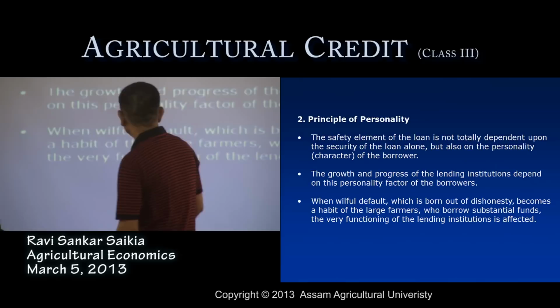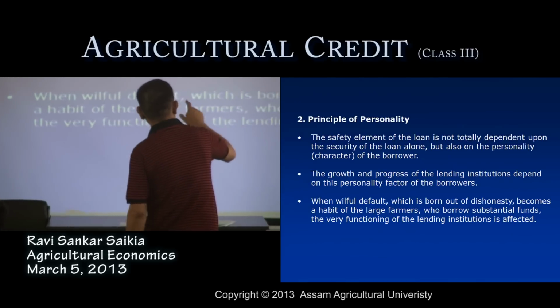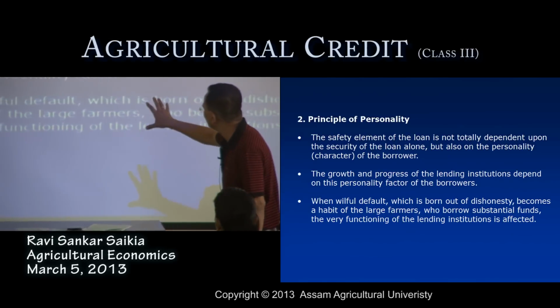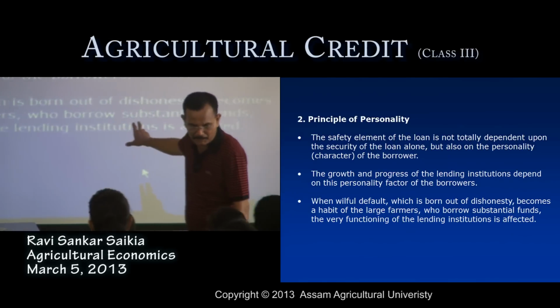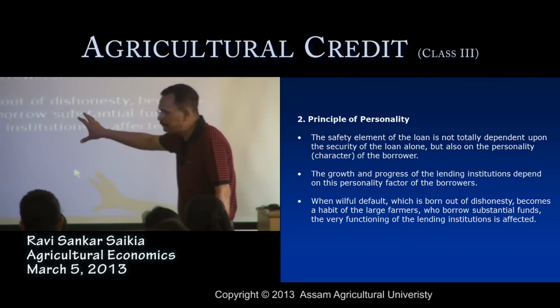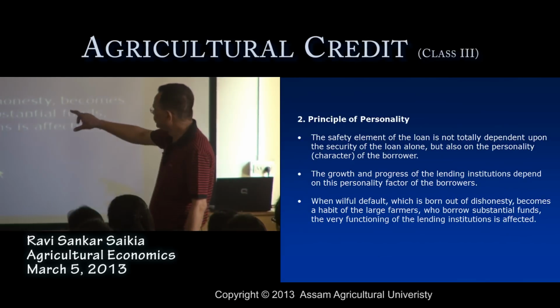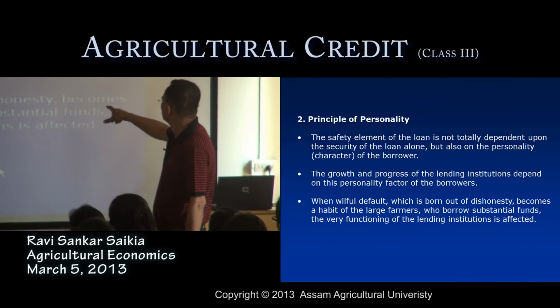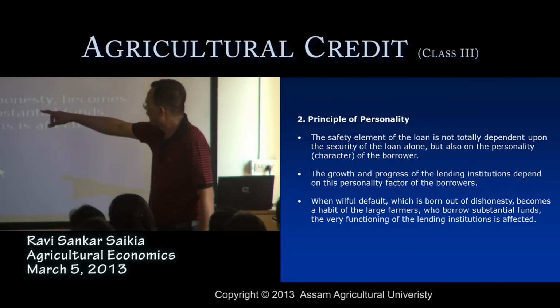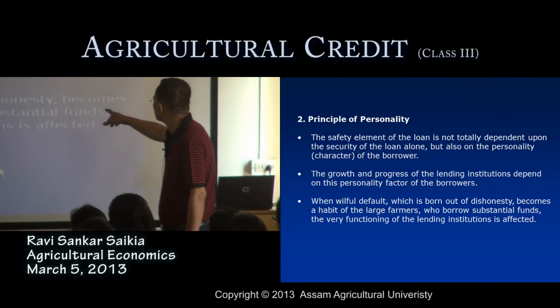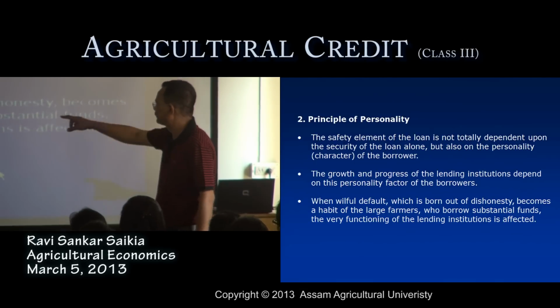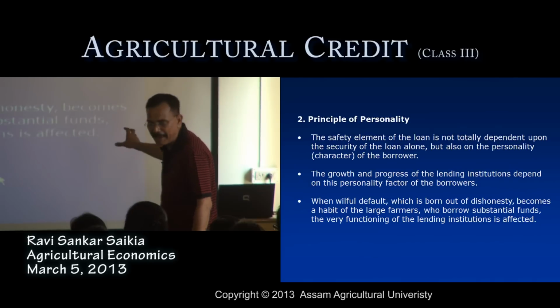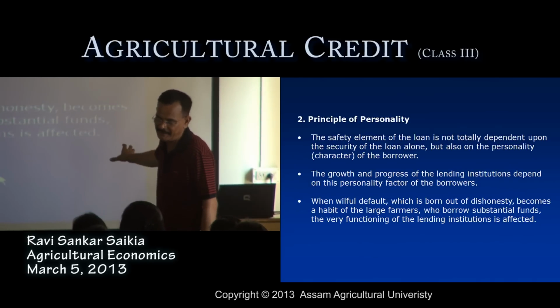Okay, so the growth and progress of the lending institutions depend entirely on the personality factor of the borrower. So when willful default comes due to the bad character or bad morality of the farmer, due to the dishonest habits of large farmers, the substantial funds of the lending institution are affected, inversely affected.